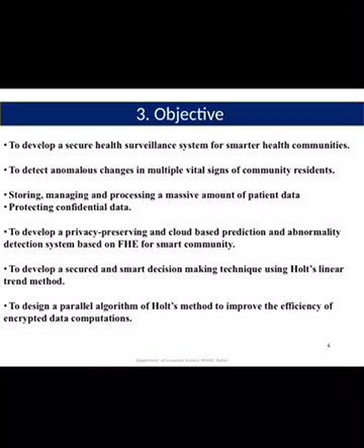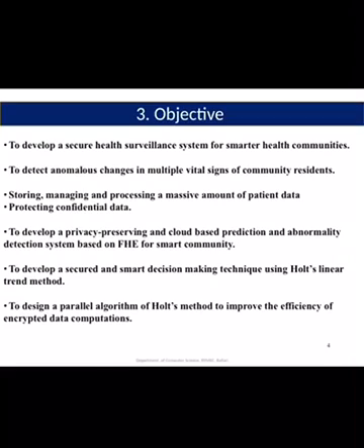Thirdly, to store, manage and process a massive amount of patient data. Furthermore, to protect confidential data and to develop a privacy preserving and cloud-based prediction and abnormality detection system based on FHE for smart communities.